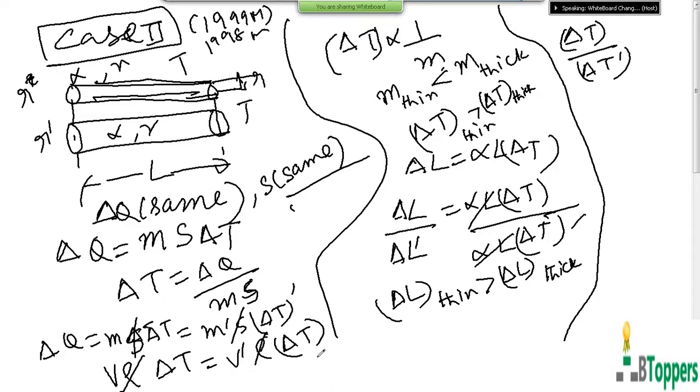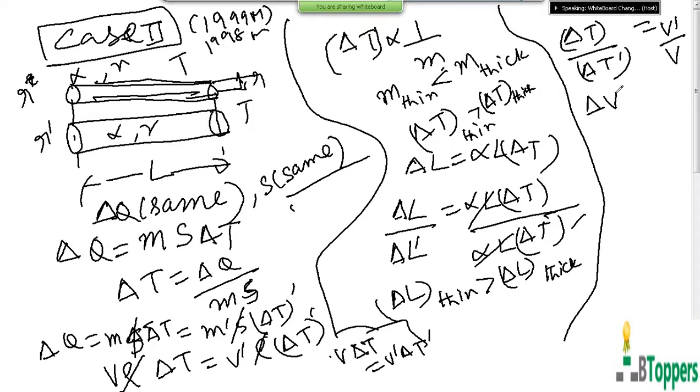Therefore, V delta T for the first rod is the same as V dash delta T dash for the second rod. That means the product of original volume and increase in temperature is the same. So the ratio of the increase in temperature of the first rod to the increase in temperature of the second rod is equal to the volume of the second rod by the volume of the first rod.